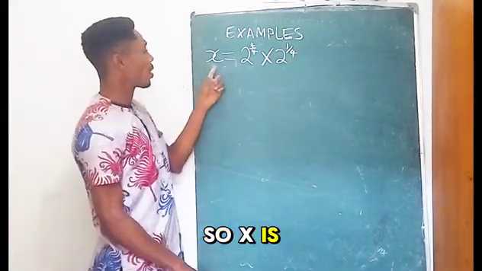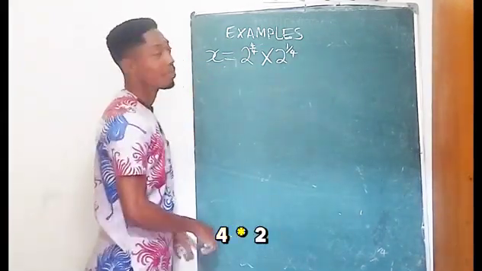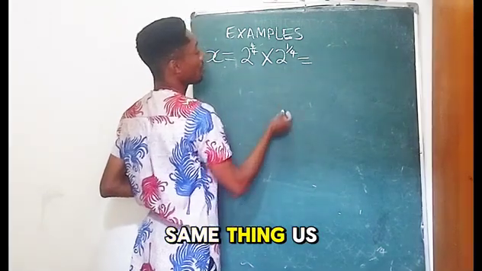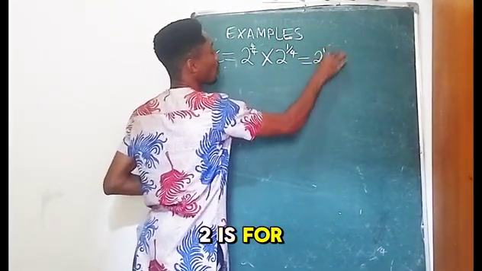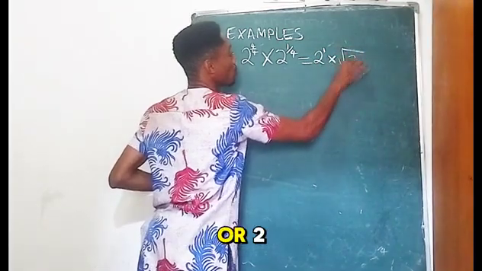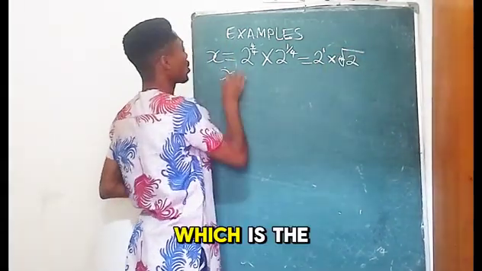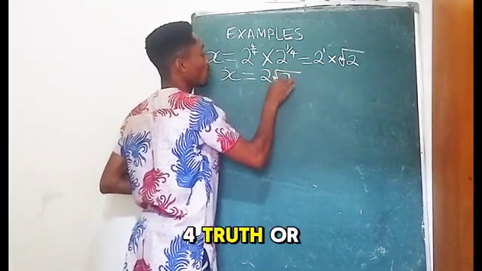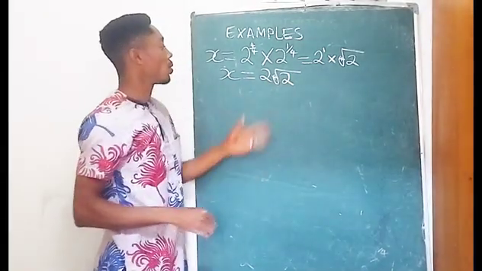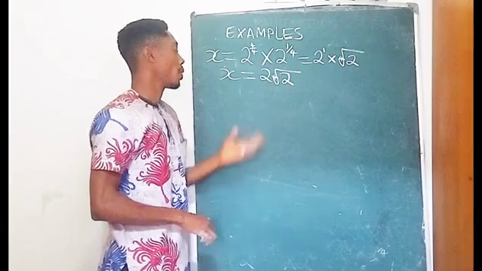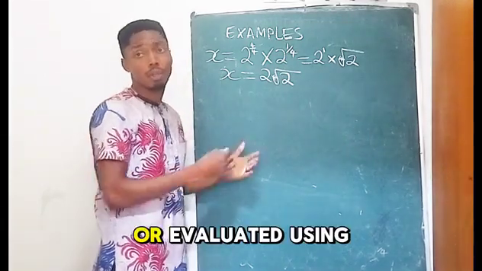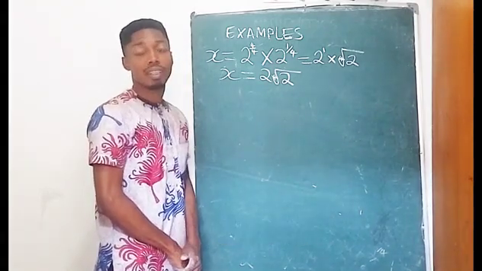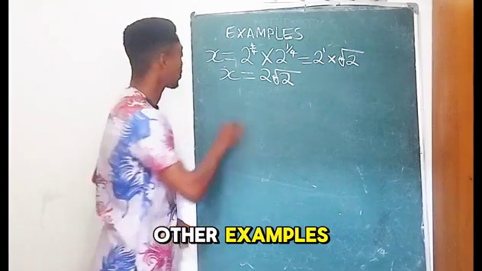So x equals 2 raised to power 4 over 4 times 2 raised to power 1 over 4, which is the same thing as 2 raised to power 1 times the fourth root of 2, which is the same thing as 2 times the fourth root of 2. You can leave your answer that way, or you evaluate it using your calculator. We move to other examples.